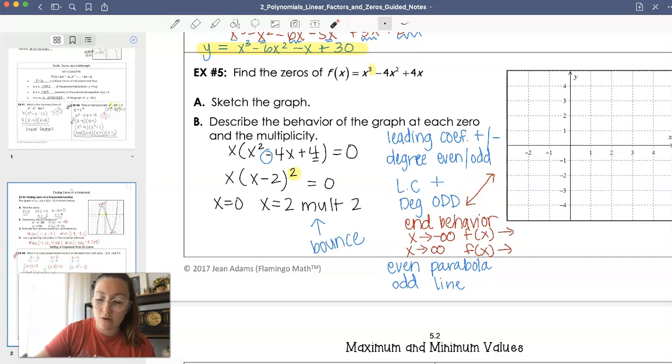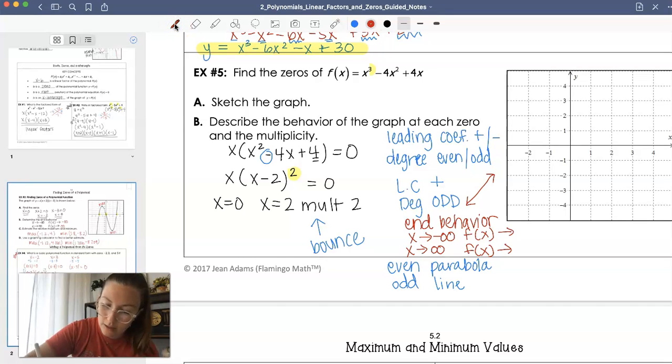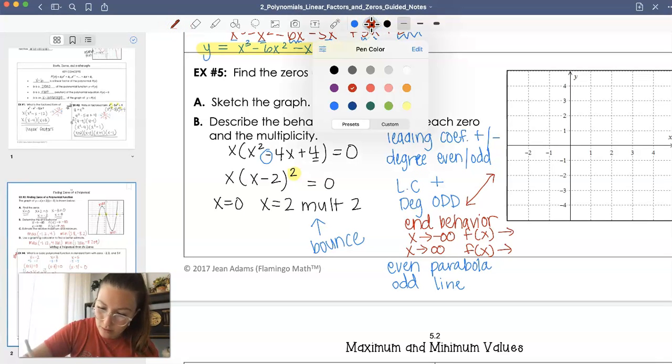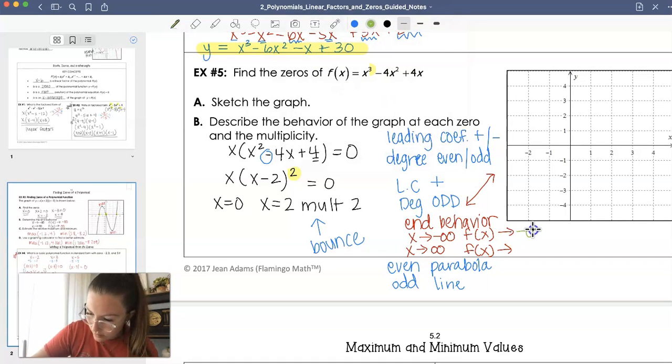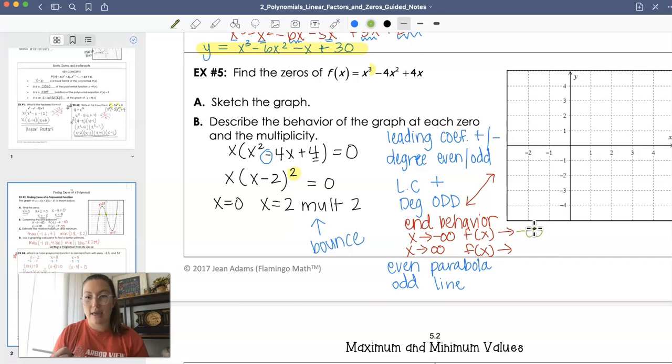And as x goes towards positive infinity, the line is going up towards positive infinity. So that's what my end behavior is going to look like.